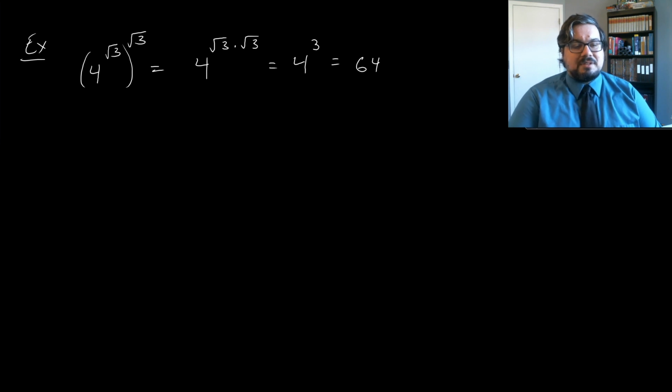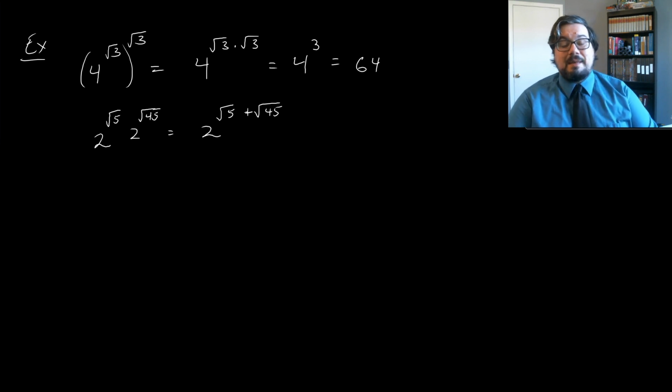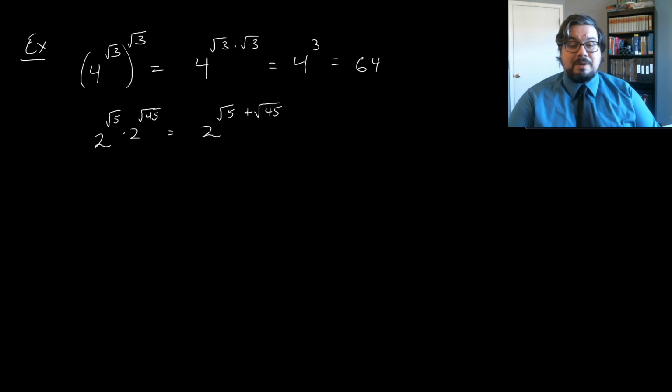And then if we have something like 2 to the square root of 5 times 2 to the square root of 45. This is 2 to the square root of 5 plus the square root of 45, because when we have the same base and two expressions are multiplied together, we add the exponents.